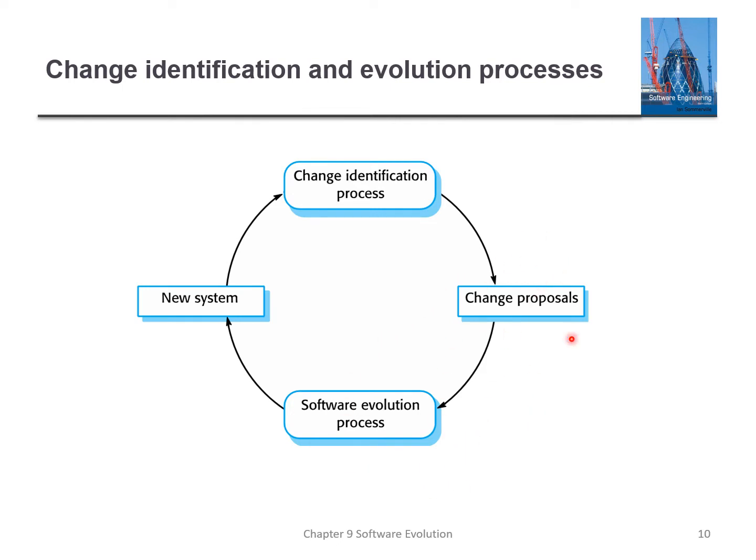Because there are requests for change, after it is approved, some changes are added and modified in the software, and it becomes a new system or new version of the system. And after quite some time, the users are comfortable with it, and then they start asking for change, and it goes around and around. So basically this is the overall big picture of what happens during evolution.